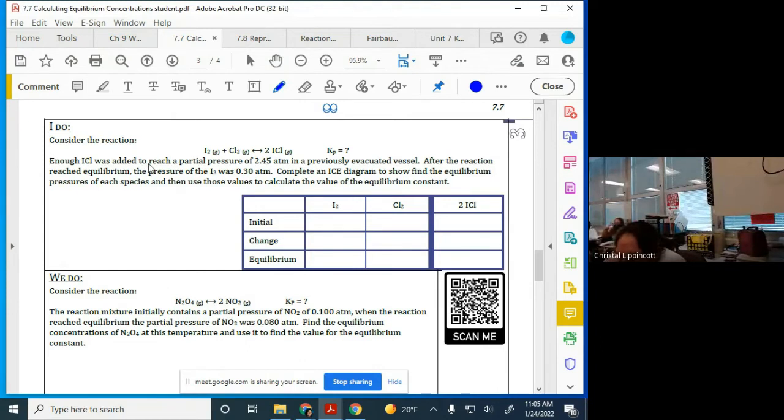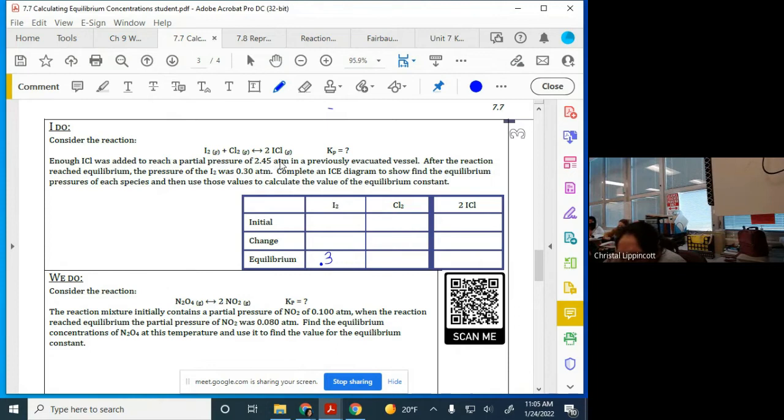All right. So here we reached a partial pressure of 2.45 in a previously evacuated vessel. After the reaction reached equilibrium, the pressure of I2 was 0.3. So we know that that is our equilibrium pressure of I2.